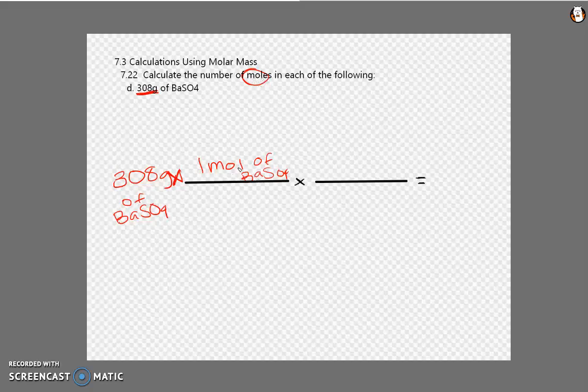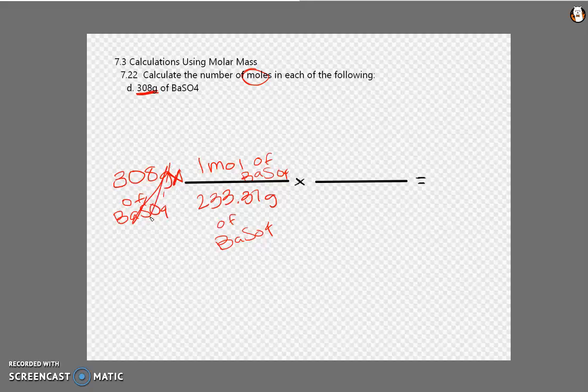See, they want moles, so you're going to do that, and then you're going to divide it by the molar mass, and the molar mass is 233.37 grams of BaSO4.